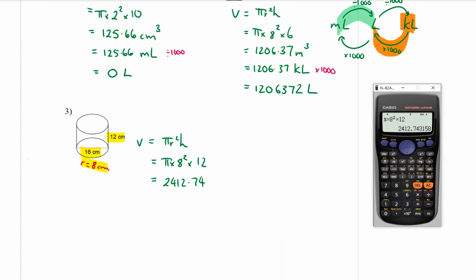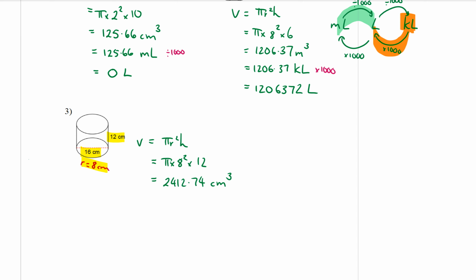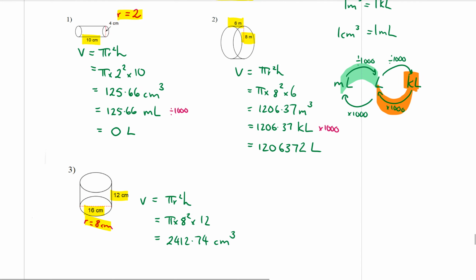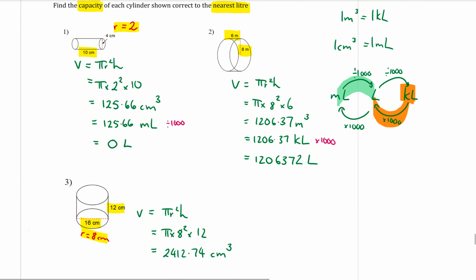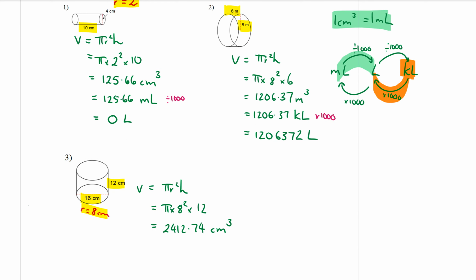2412.74. Now that is, of course, in centimetres cubed. To get that into capacity units, just scroll here a little bit. We want to use that centimetres cubed are exactly the same as millilitres. So change it to be 2412.74 millilitres.